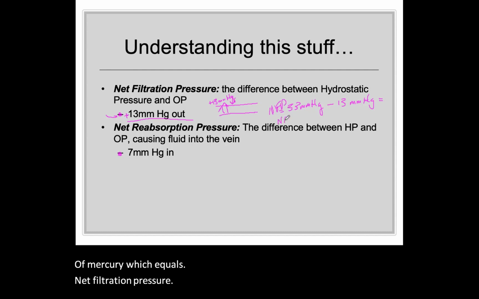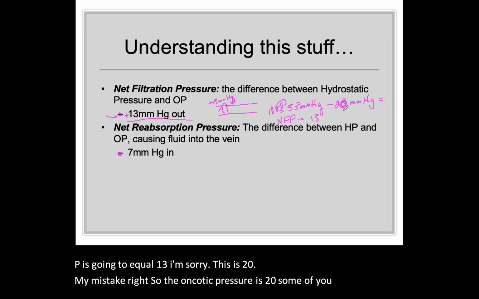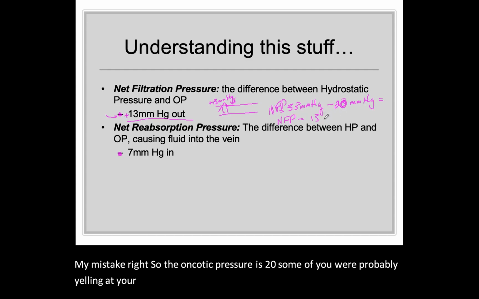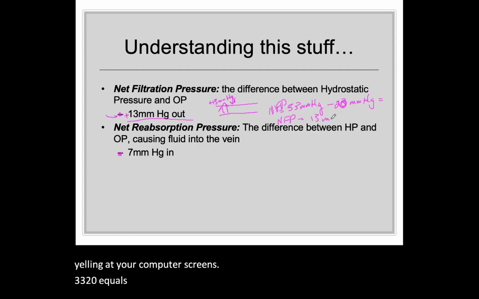NFP is going to equal 13. I'm sorry, this is 20. My mistake. So the oncotic pressure is 20. Some of you are probably yelling that at your computer screens. 33 minus 20 equals 13 millimeters of mercury.